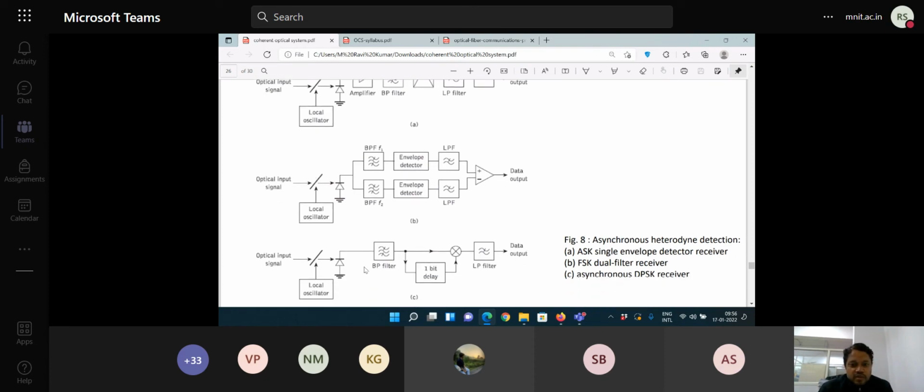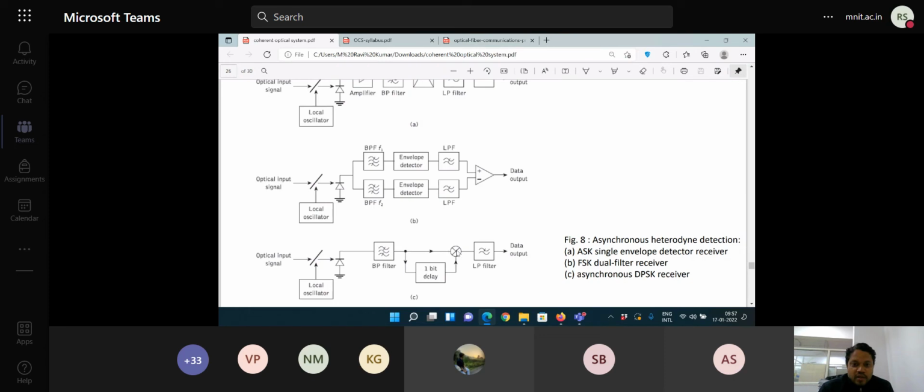So this is for a DPSK signal. DPSK refers to differential phase shift keying. So in case of differential phase shift keying, after the detector, a band pass filter is used, and then a 1 bit delay is employed, and then it is added with this same signal.